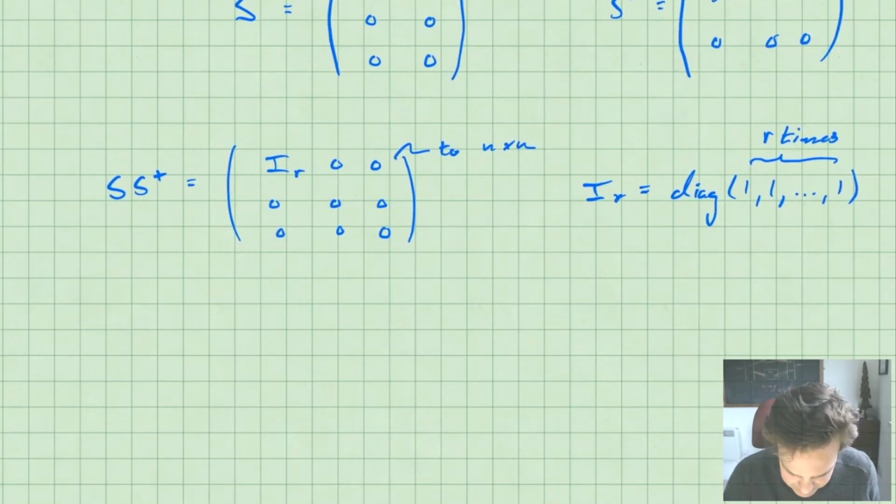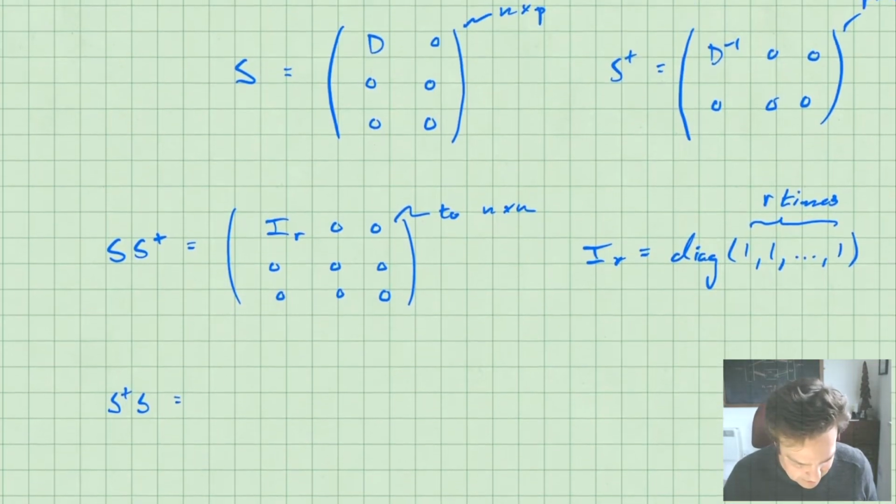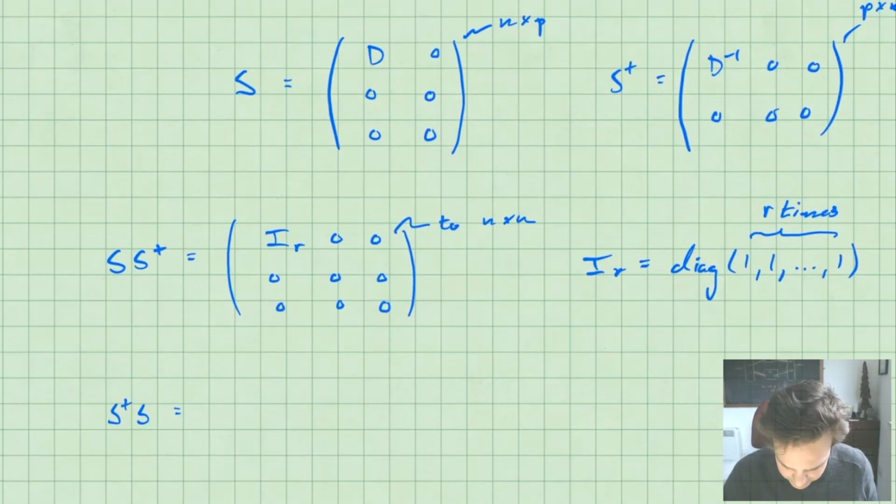And S plus times S, that's the opposite. That's going to be p by p, but it's otherwise the same kind of filling. I'll just write it like this. These zeros, remember, are kind of symbolic. So these are p by p.